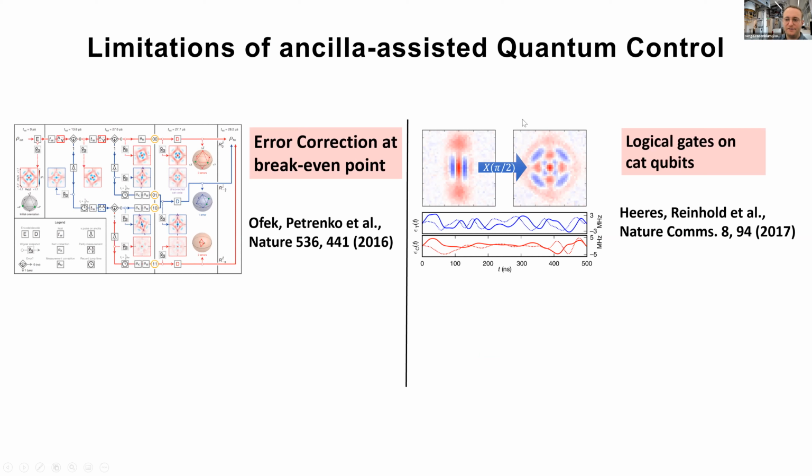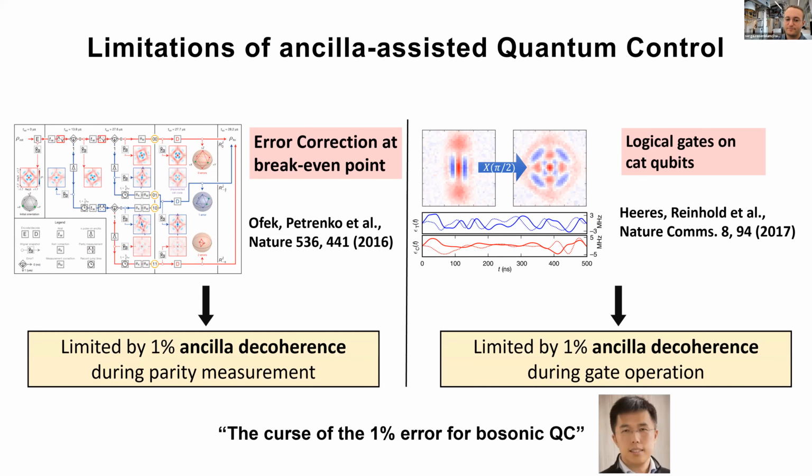On the left here, you see a picture from the first demonstration of quantum error correction at the break-even point, a work by Ofek and Petrenko. In fact, in that experiment, the factor that limited them and stopped them from going beyond break-even is ancilla decoherence during the parity measurement. Typically, the measurement of parity takes about a microsecond, and the coherence time of the transmon is about 100 microseconds.